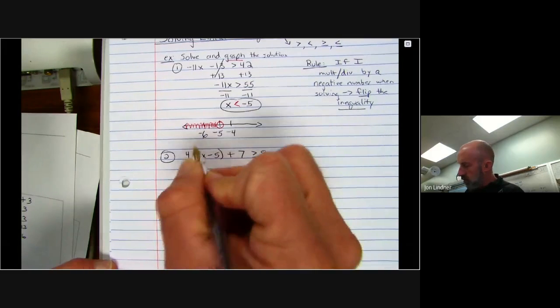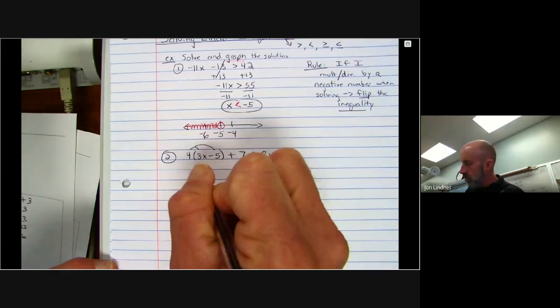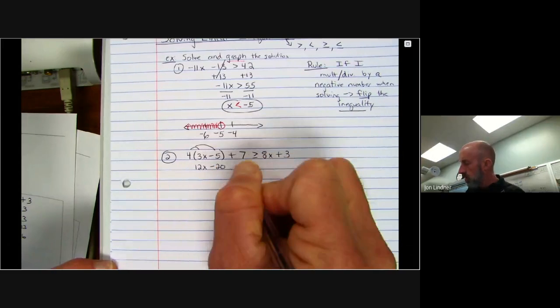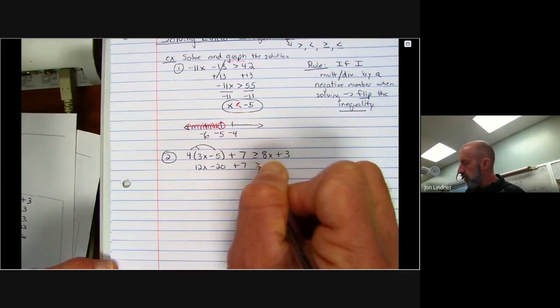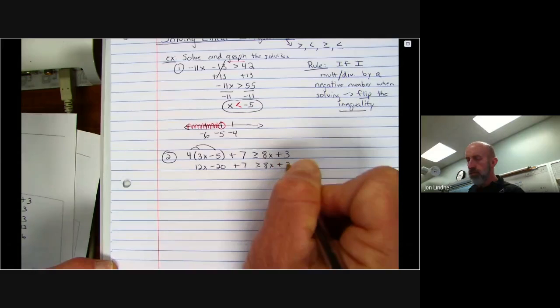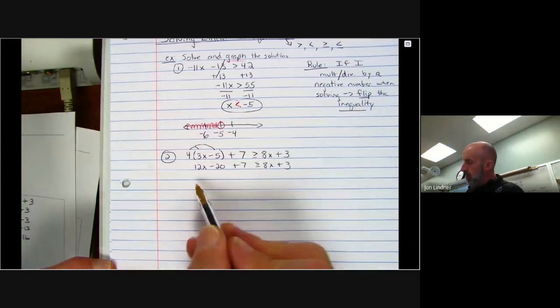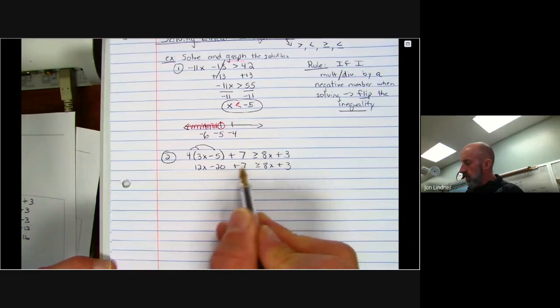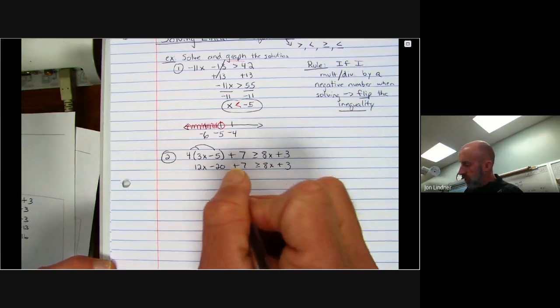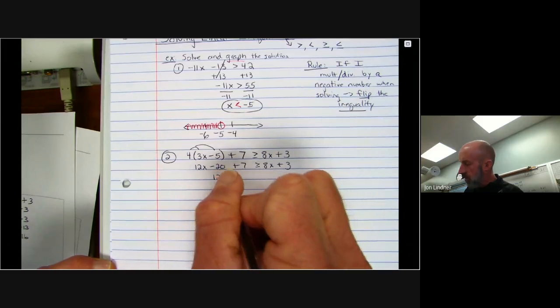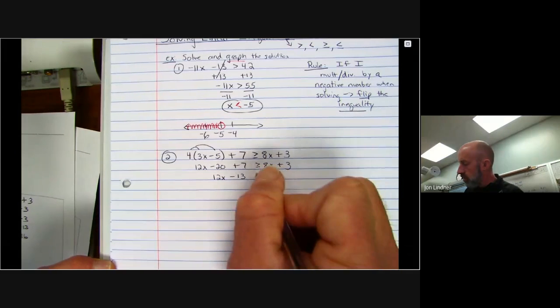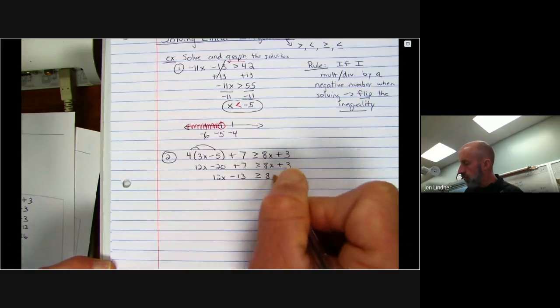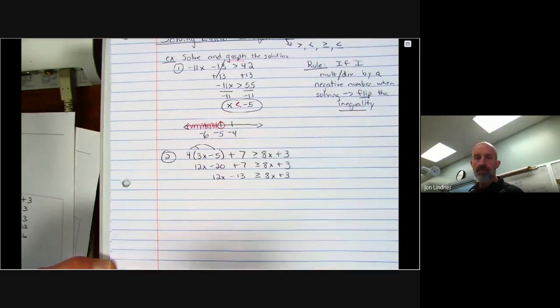First, we need to do the distributive property here. 12x minus 20 plus 7 is greater than or equal to 8x plus 3. Then I need to combine my like terms here. Negative 20 and positive 7 make negative 13. So I have 12x minus 13 is greater than or equal to 8x plus 3.